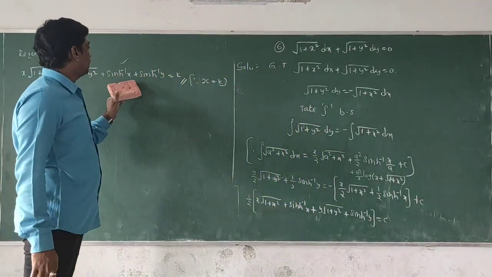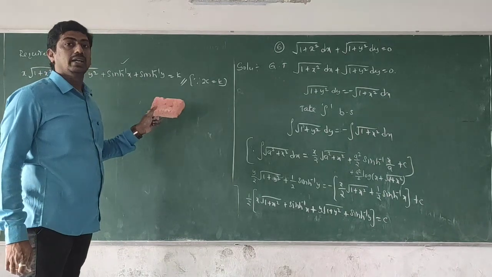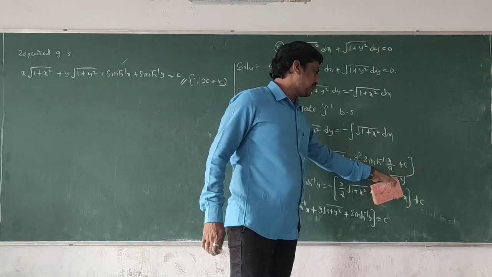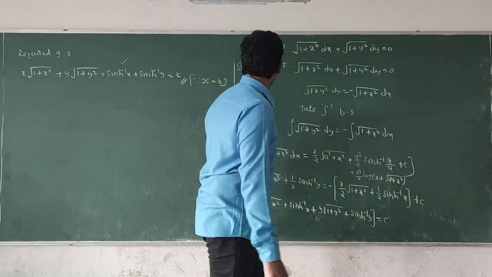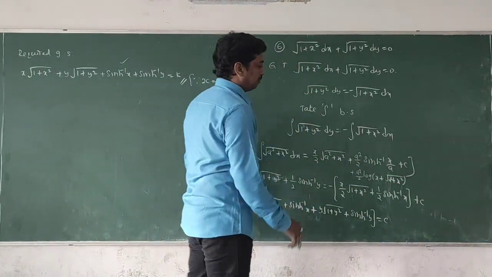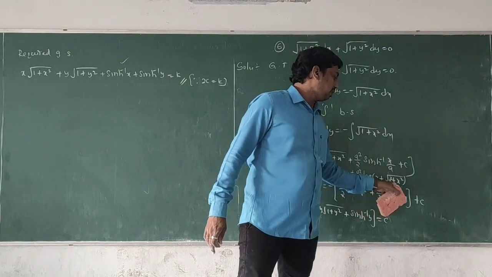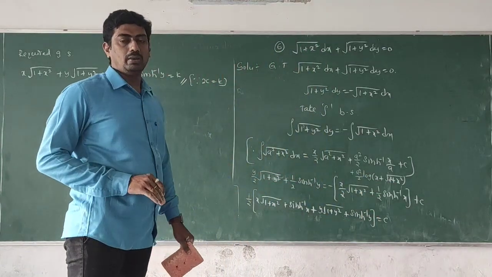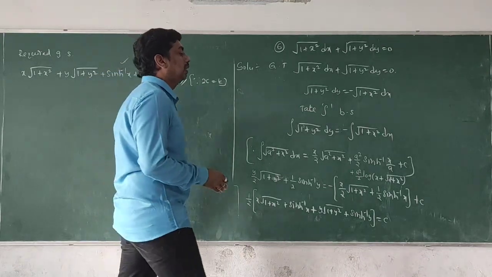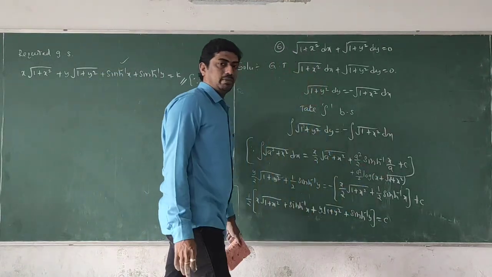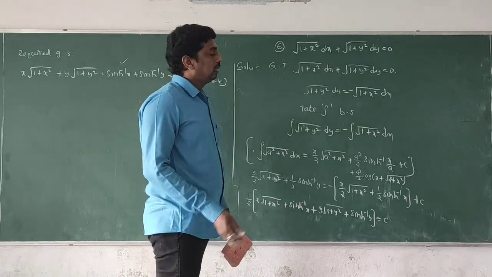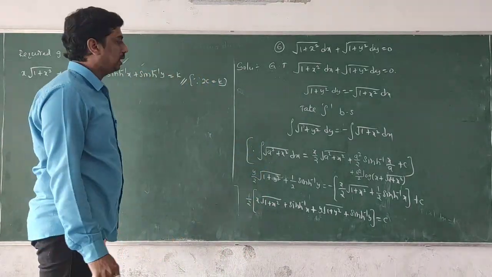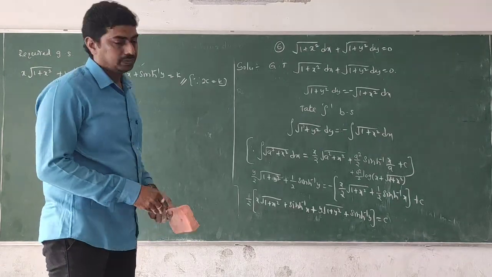You can write sinh inverse x and sinh inverse y in terms of log also: log of x plus square root of a square plus x square, here with a as 1, log of x plus square root of 1 plus x square. Both give the same answers. Both are right. The textbook answer is given in logarithmic form only. Both are correct. Understood clearly?